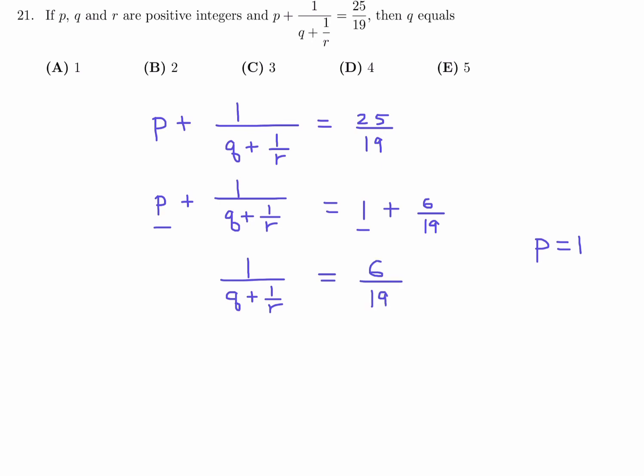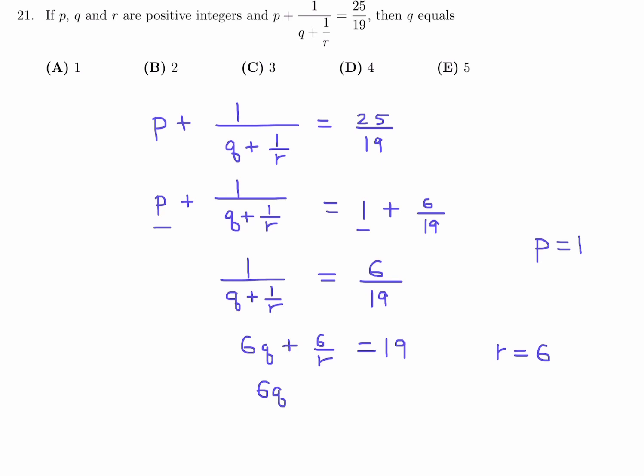At this point, I think I can work with this. Let's cross multiply. This gives me 6q plus 6 over r is equal to 19. Now I have to plug and play with values of r to see if I can get an integer value for q. After staring at this for a little bit, if r is equal to 6, this will work, I think.